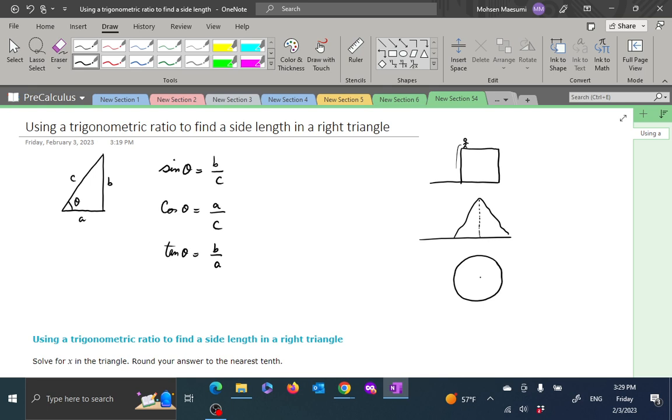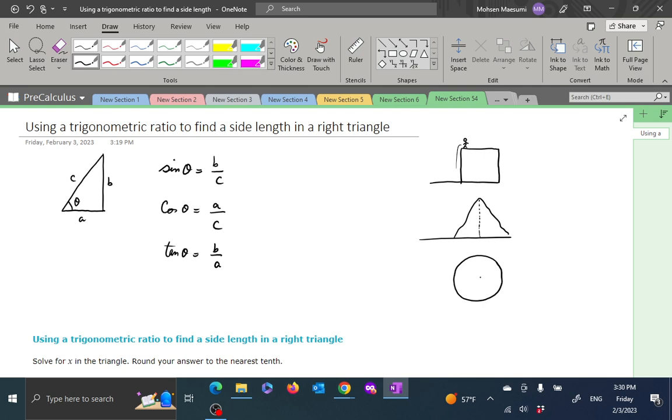In all the problems you had so far, these sides were given and you were calculating these trig ratios. Now, the angle theta is given, at least one length is given, and we are going to find some missing quantity.